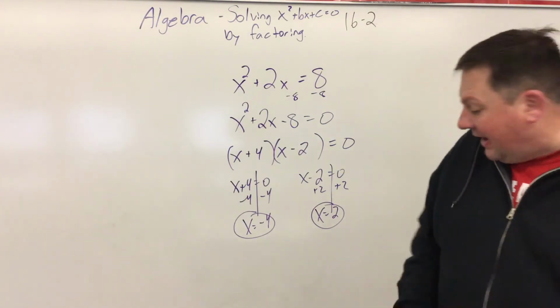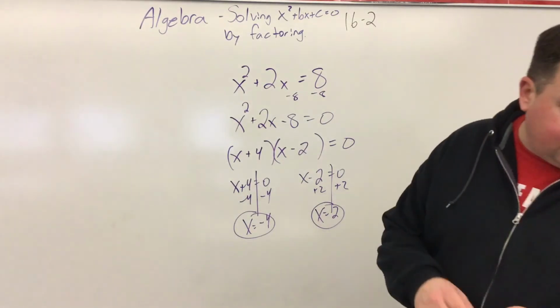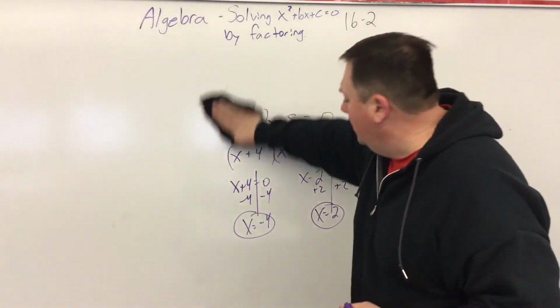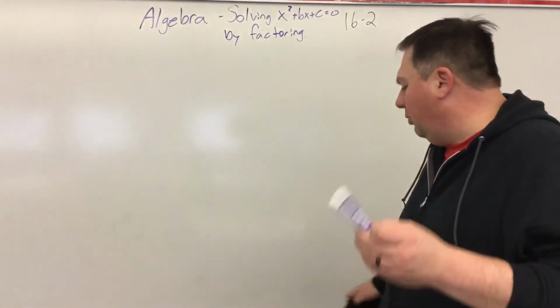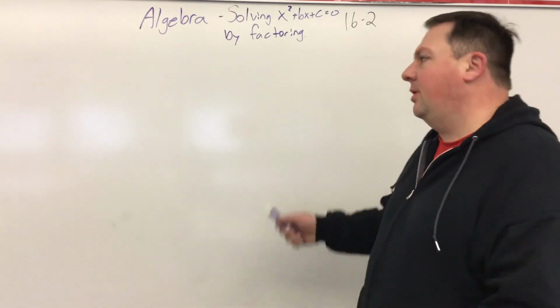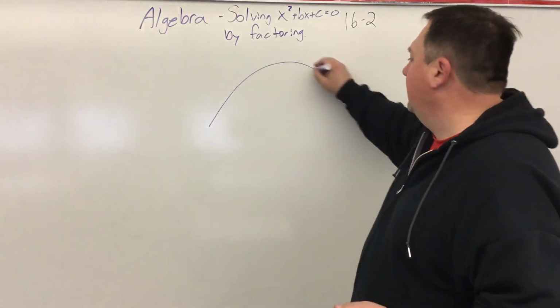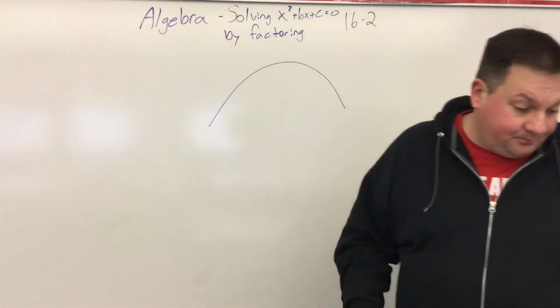On page 574, we're going to talk about solving real-world problems with this equation. The real-world problems usually talk about hitting a golf ball, a baseball, or anything that goes up and comes down.